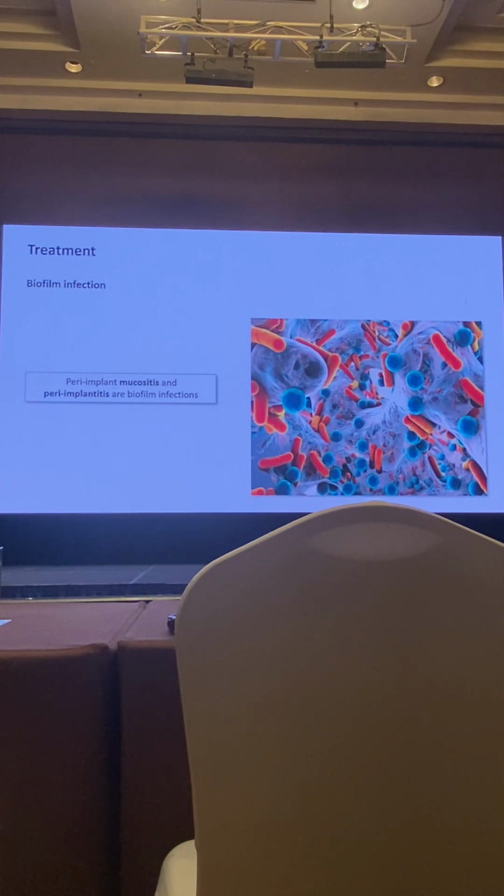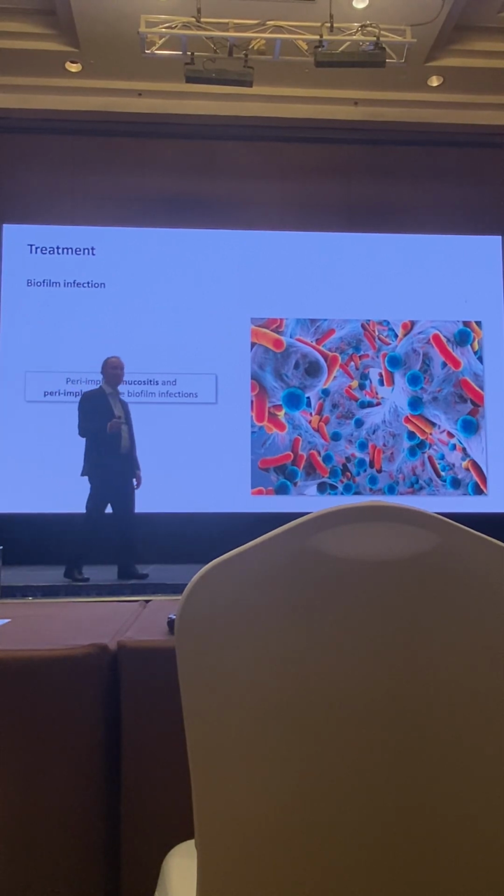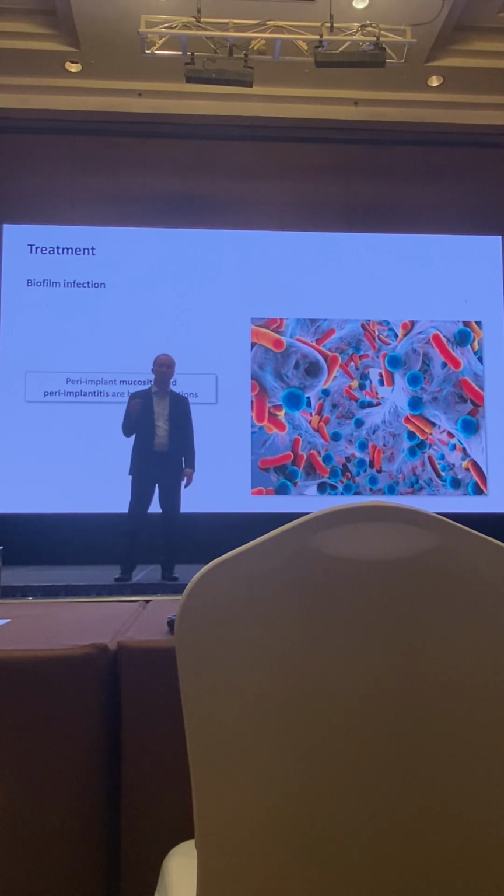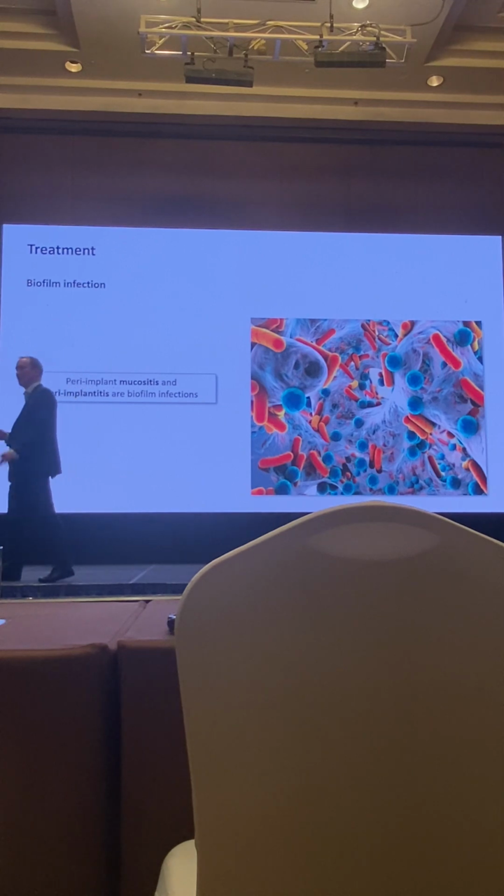I have a very simple approach to treatment of peri-implantitis. Peri-implantitis is a biofilm contamination on the implant surface. And when you have a biofilm contamination on the implant surface, to treat the infection, you have to remove the biofilm. Now, removal of the biofilm requires access to the affected surface.